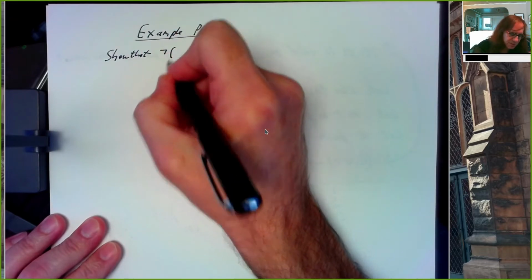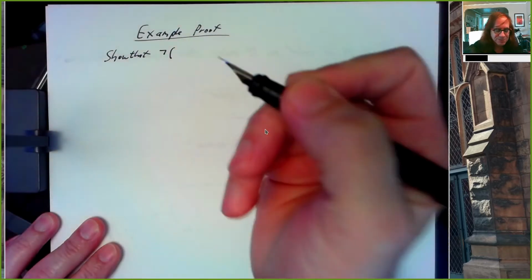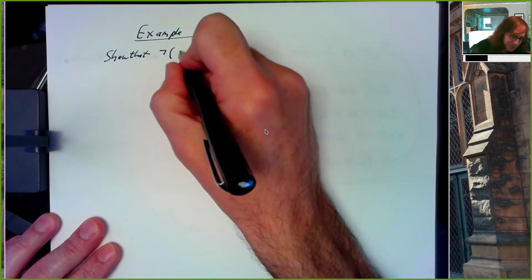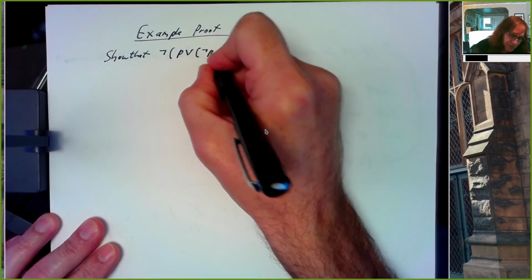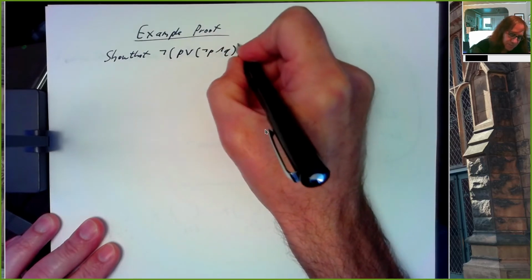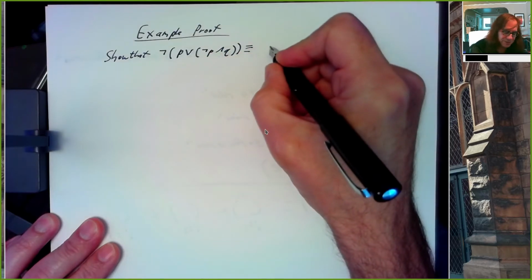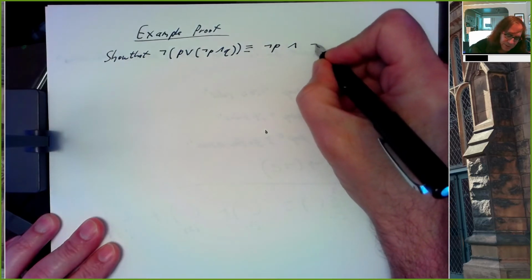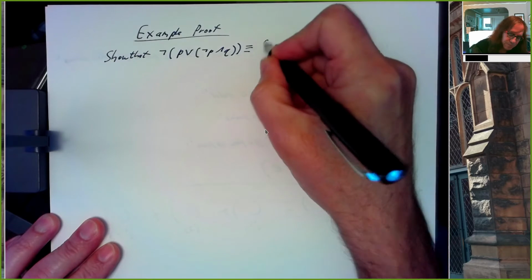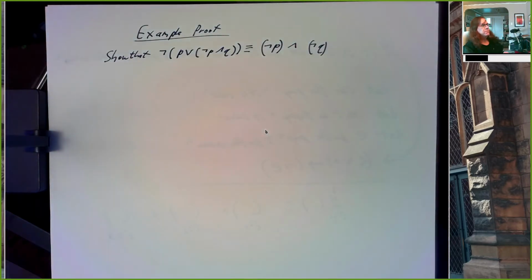P and Q are propositional variables here. The negation of the disjunction of P with the conjunction of not P and Q is logically equivalent to the negation of P conjuncted with the negation of Q. So I want to prove this.